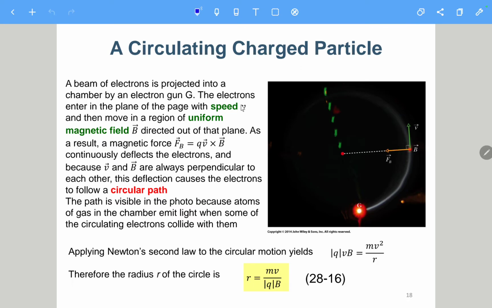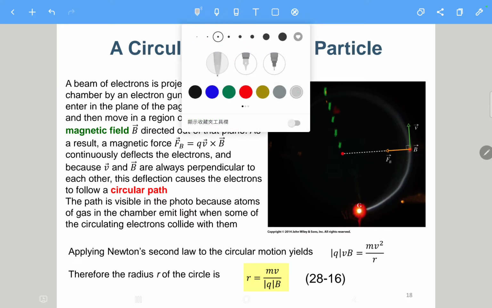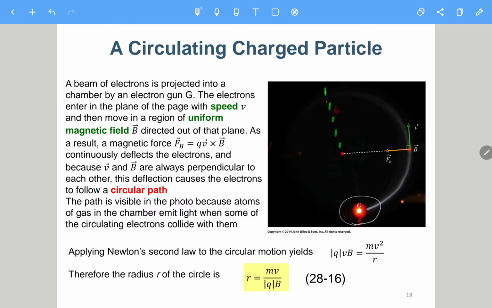Here it means that if we have the cross field... Here it says a beam of electrons is projected into a chamber by an electron gun G. So here is G, although it is quite dark, so maybe I just change the color like this. This is G. Okay, so the electron enters the plane of the page with a speed v.